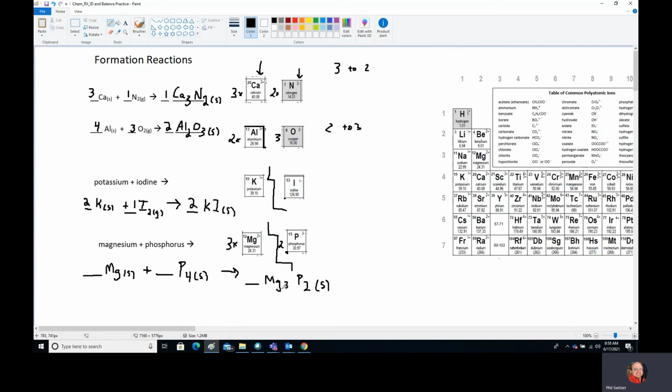It's ionic. It's looking a little out of whack. Well, let's start with the phosphorus. If I put a 2 here, I'm going to have 4 phosphorus, but now 6 magnesium, so I just put a 6 here. 6 moles of magnesium plus 1 mole of phosphorus will give us 2 moles of magnesium phosphide.